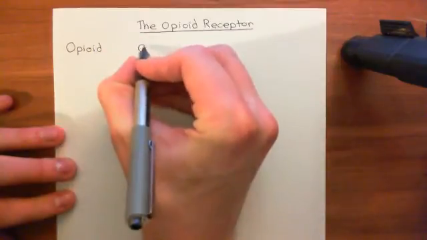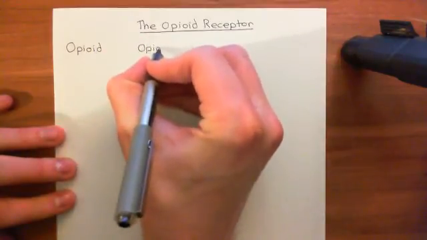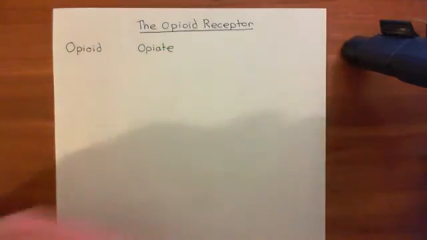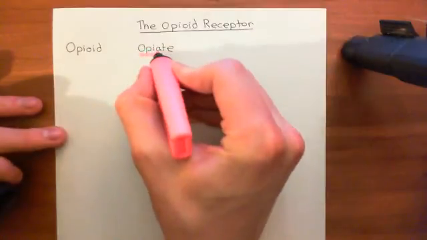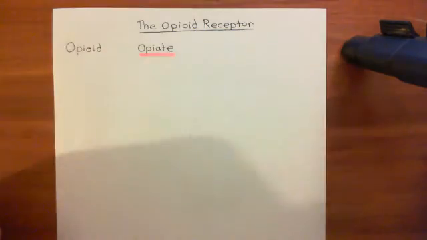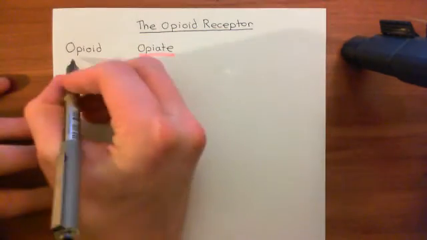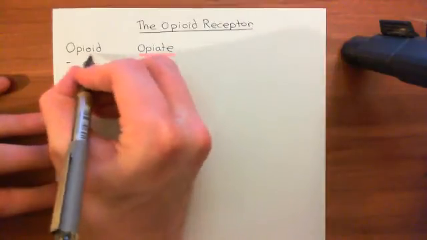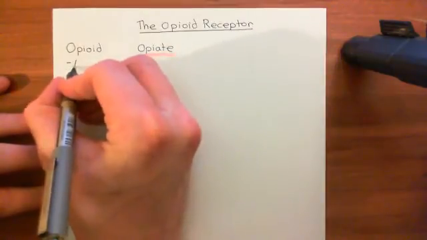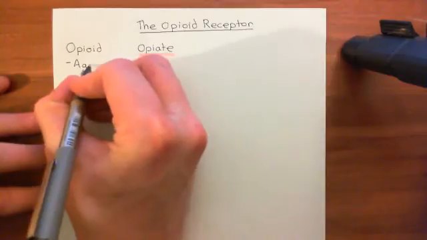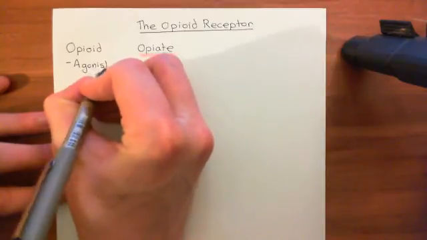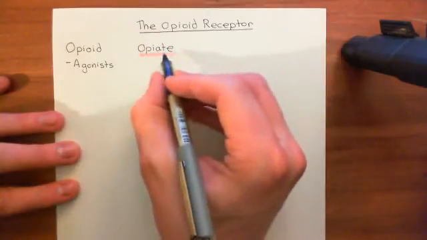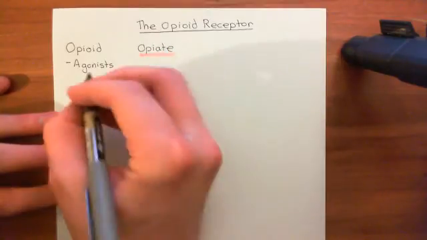Basically, the concept of an opiate is older than the concept of an opioid. An opioid is anything which activates opioid receptors. So these are anything which is an agonist for opioid receptors, and produces similar effects, therefore, to one of the major opiates, which is morphine.